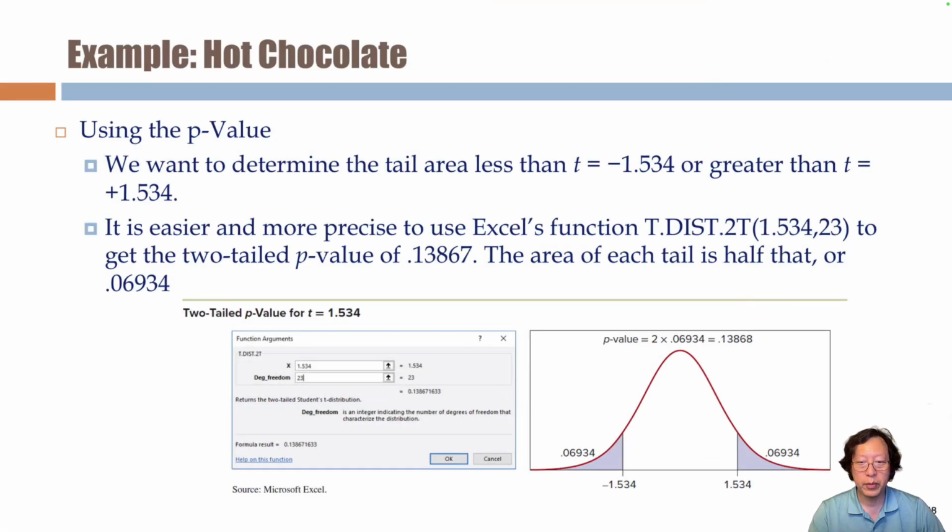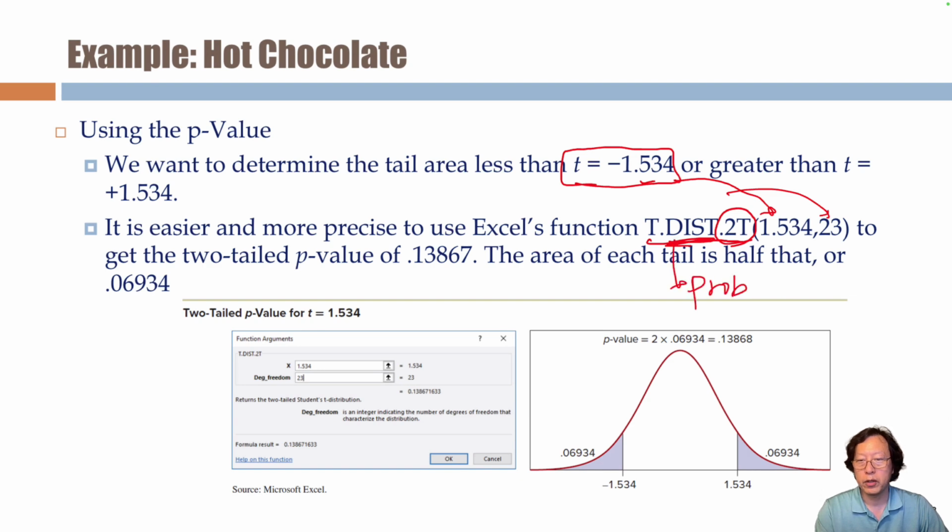You can use the p-value again. Once you calculate the t, you can use the t distribution with a two-tail. Again, this is not the inverse. Now your input is t and the degree of freedom, and the output will be the probability.